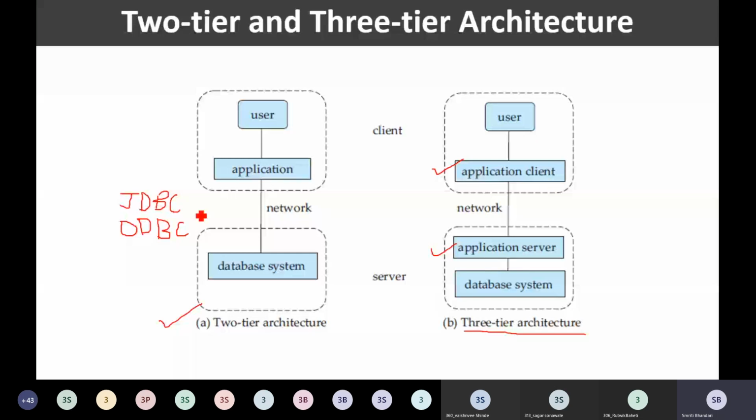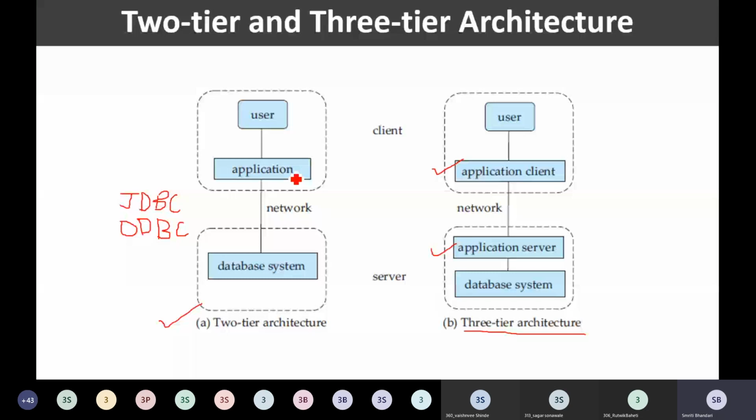Here in two-tier architecture, the application is distributed to all the clients. So every client must install this application at the client side, because at the remote side, at the server, we have the database system.